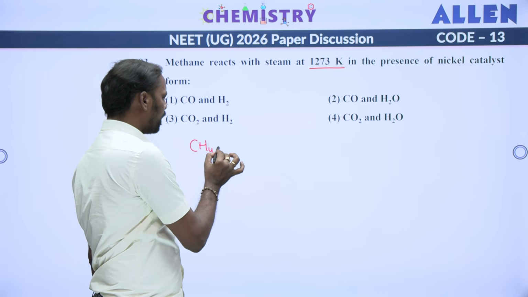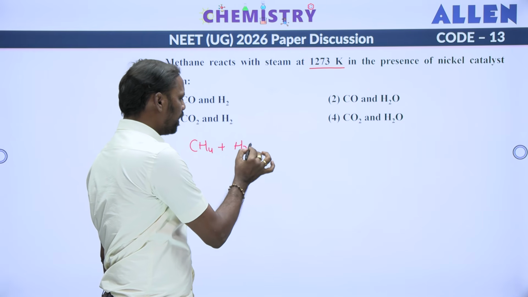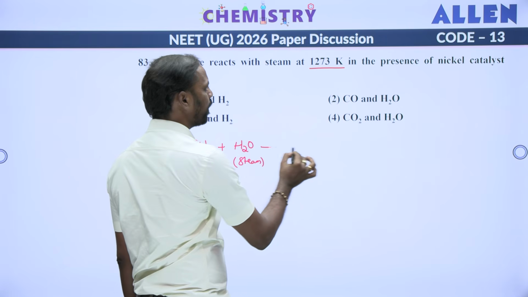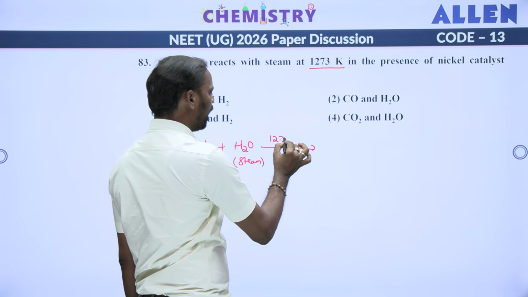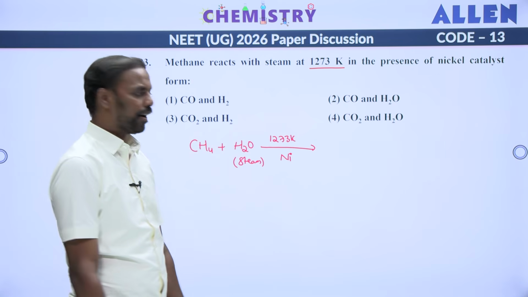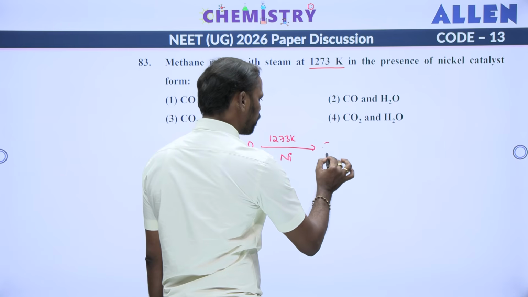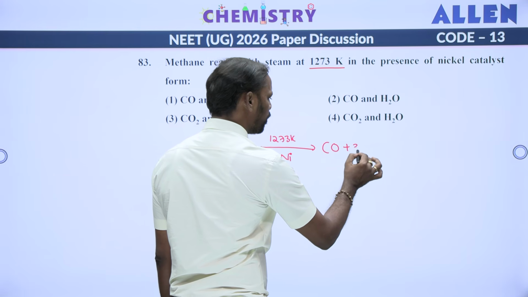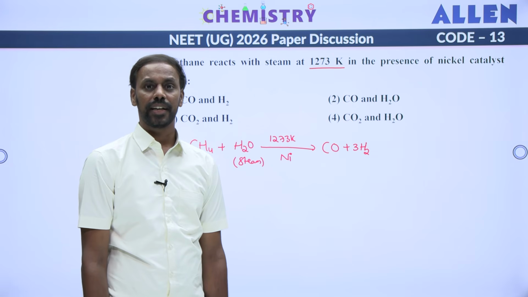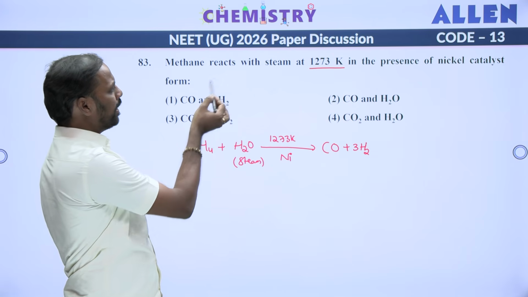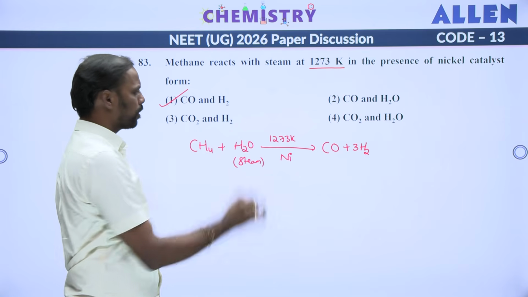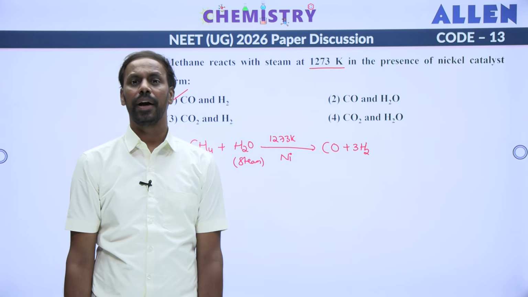Methane treating with steam at high temperature in the presence of nickel as a catalyst, what is the product formed, they are asking. So this is the direct question, student. That is CO plus H2. CO plus H2 is also known as water gas. So methane reacts with steam in the presence of nickel catalyst, what is the product formed they are asking? So that is option 1, CO and H2.